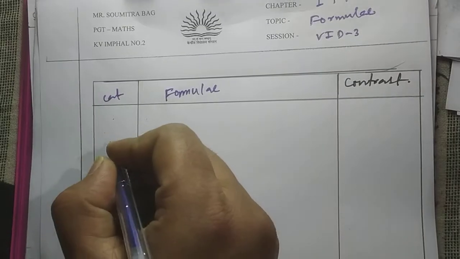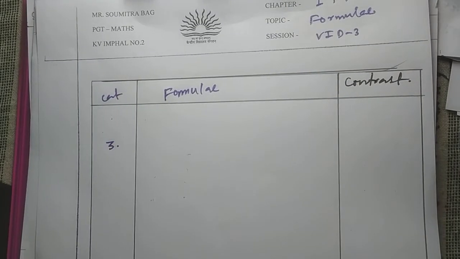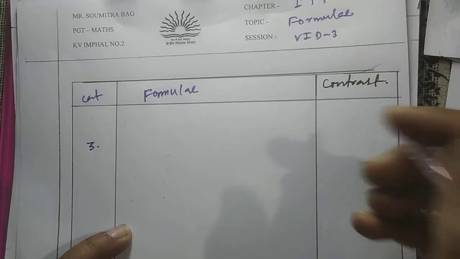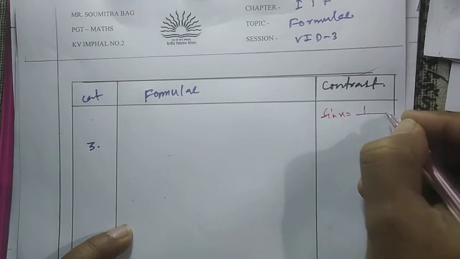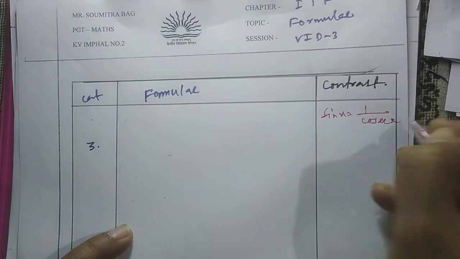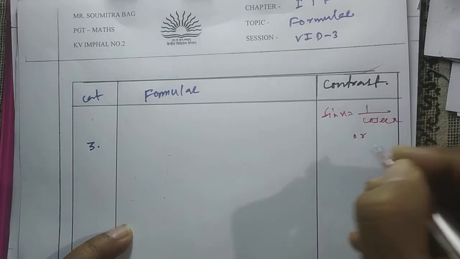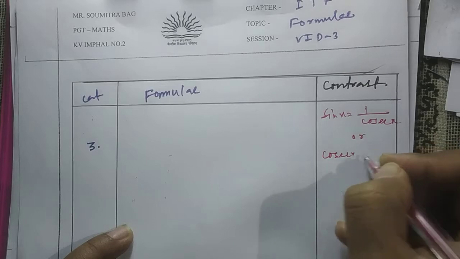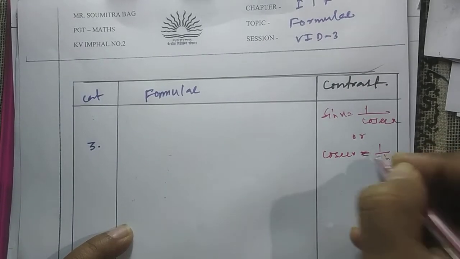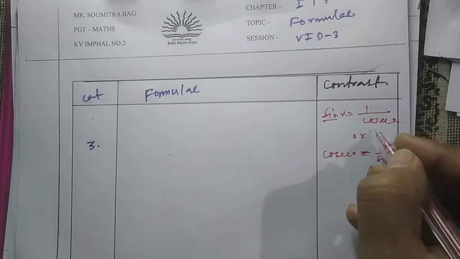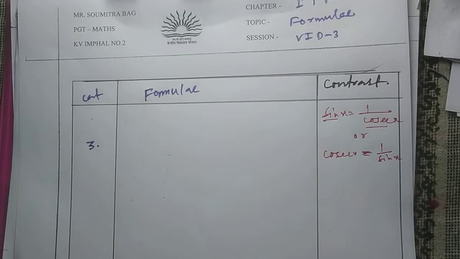Let's come to category 3. In class 10 we learned sin x equal to 1 by cosec x, or cosec x equal to 1 by sin x, because sin and cosec are both reciprocals.